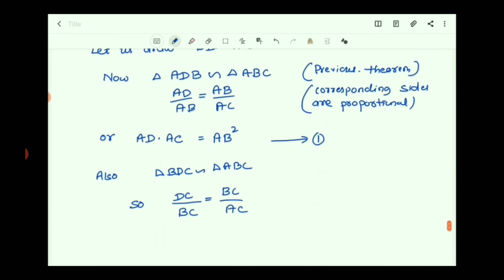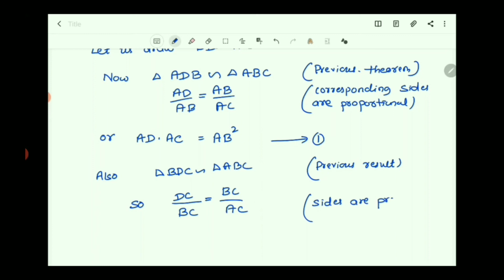Then again you do the cross multiplication. What is the reason you can give here? Here you can give the previous result, the same reason: sides are proportional.